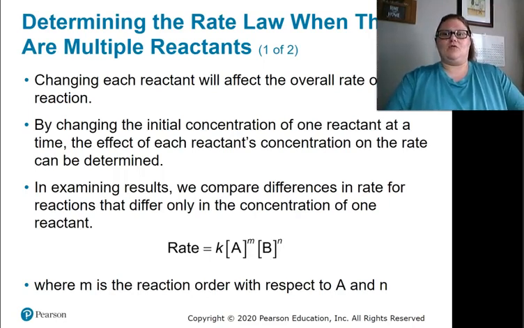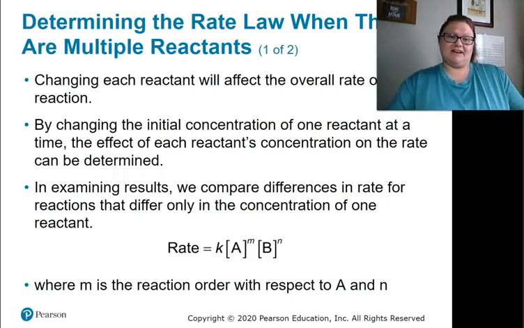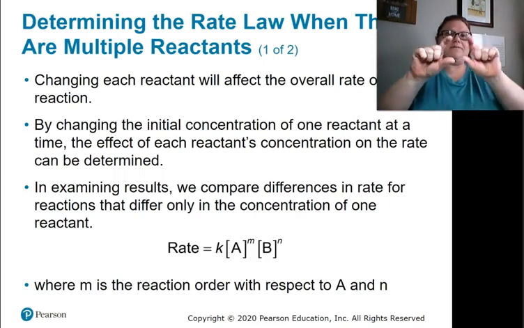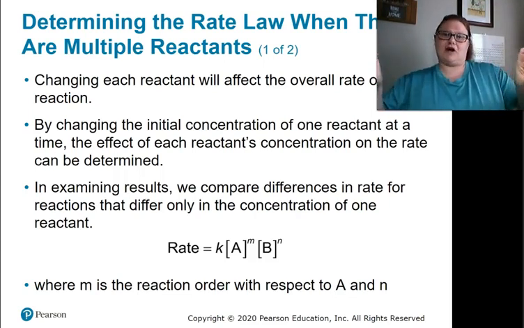Okay, so what if we have a bunch of reactants? We have a really large reaction going on. What's going on? If we change each reactant, the overall rate's going to be affected by that. If we change the initial concentration of one reactant, the effect of each reactant's concentration can be determined. So this is going back and talking about the picture of the different trials, the 3 different experiments that we looked at.